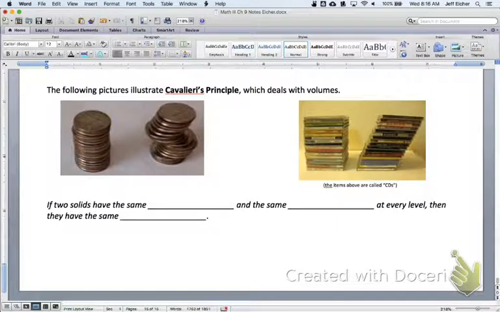What is the principle? How is it dealing with volumes? What do you think Cavalieri discovered about volumes when the shapes appear, such as these? So pause this video, take a couple minutes to chat with your neighbor to see if you could figure out what this principle might be illustrating.